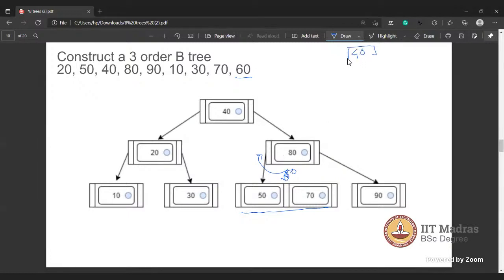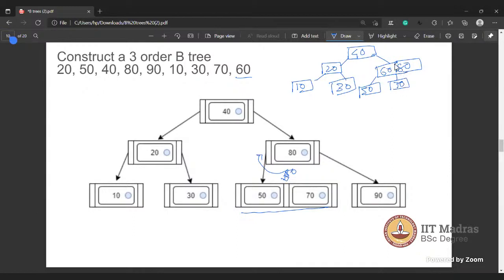40, then 20, then 80, then 10, then 30, and also 60, and 50 is greater than 40 but less than 60, so 50. 70 is greater than 40, greater than 60 but less than 80, 70.